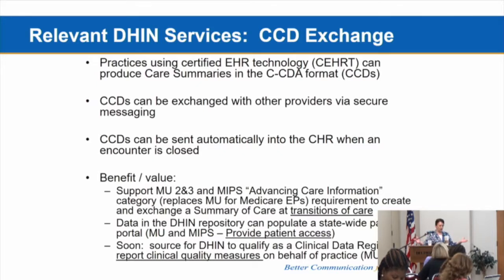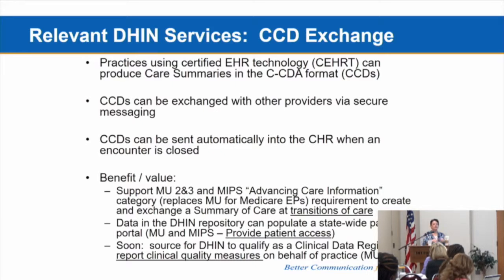So now, what's the value in this? Well, it can support your meaningful use stage 2 and 3, and your MIPS Advancing Care Information category, which replaces meaningful use for Medicare eligible professionals. If you're a Medicaid provider, you've still got meaningful use.